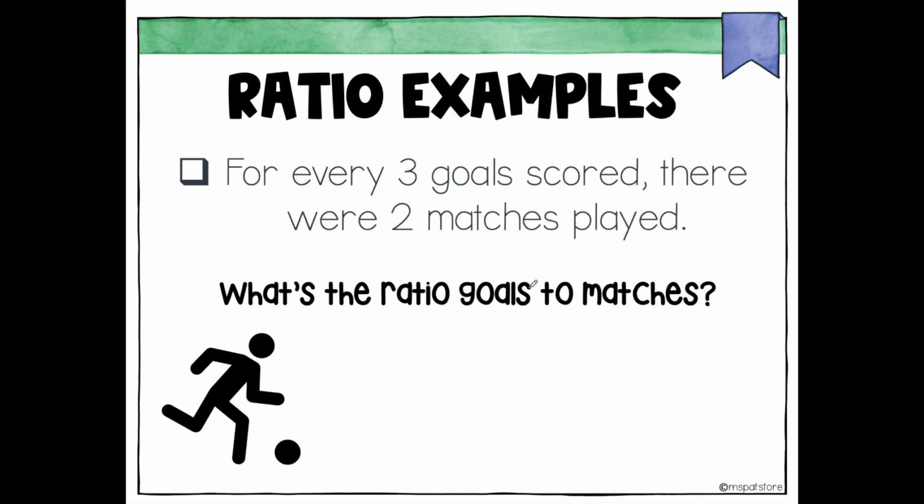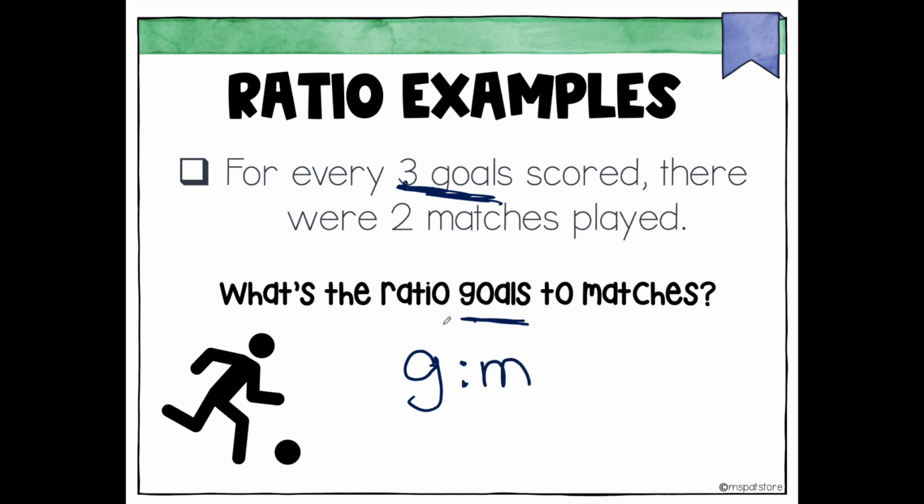Let's take a look at this example. For every 3 goals scored, there were 2 matches played. What's the ratio goals to matches? As you can see here, there are 3 goals. So what's the ratio goals? They want me to find out first the goals to, you see the little dots in here? 2 matches.